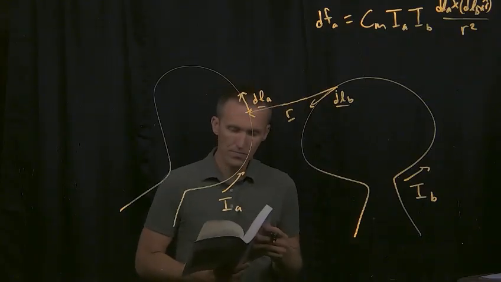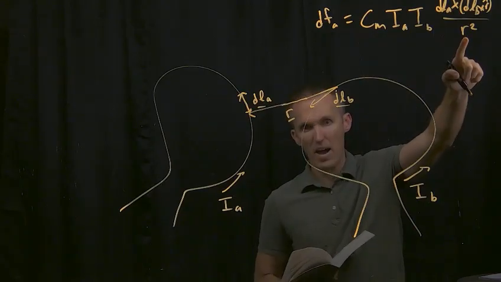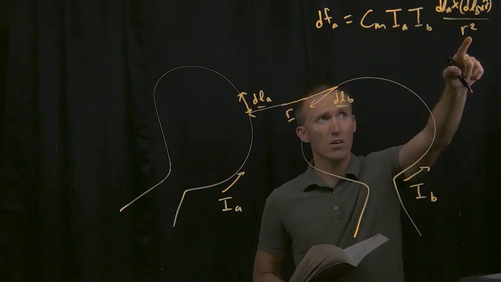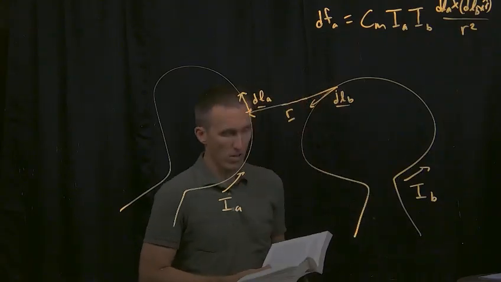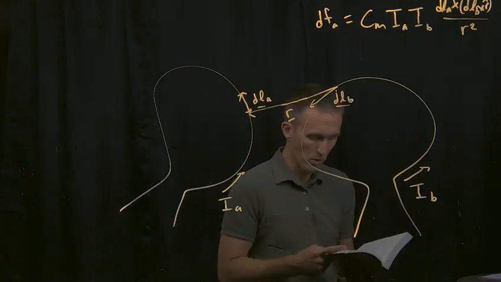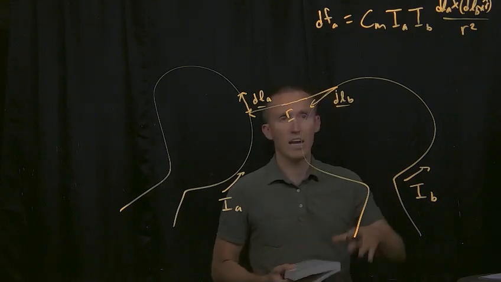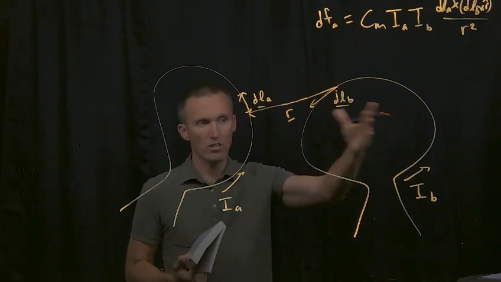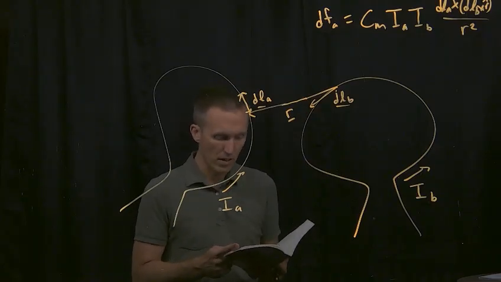There we go. So now we have a vector r with a magnitude. The magnitude of that vector r is r with no line, and then it's in the direction r hat. So this is the basic equation. This is the magnetic force between these two little increments. And of course, we can begin to think about integrating around these loops, like we've already talked about.